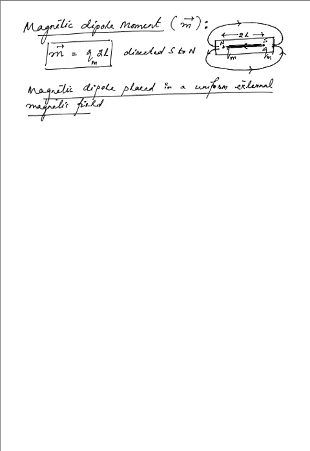Now in this case, when the magnetic dipole is placed in a uniform magnetic field, we have already discussed a similar case in the electrostatic part. So this is probably the north pole and this is the south pole, and the north pole obviously experiences a force along that direction, a repulsive one, and the south pole experiences an attractive force.